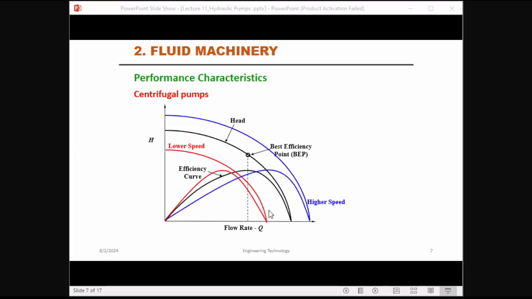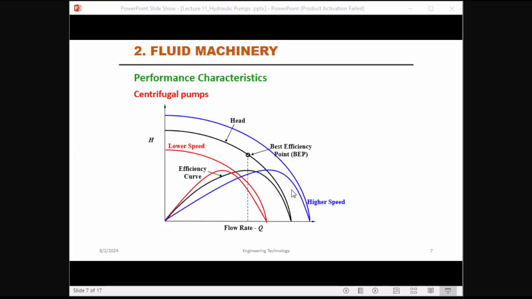I will show you the higher speed curve using this blue one. You can identify the higher speed curve. This curve indicates the pump's performance at a high speed. As the speed increases, the head generated by the pump also increases for the same flow rate.